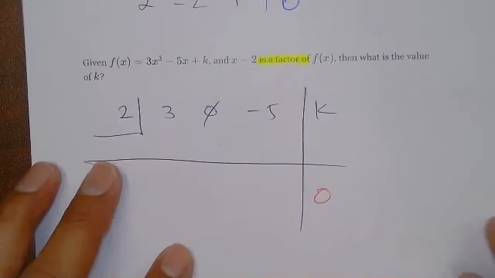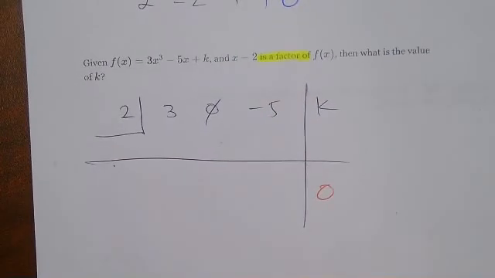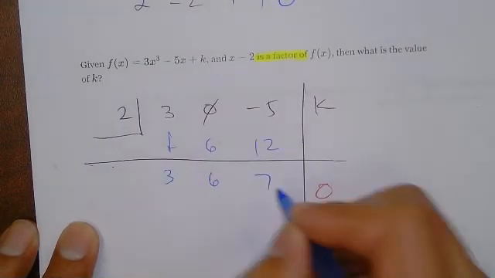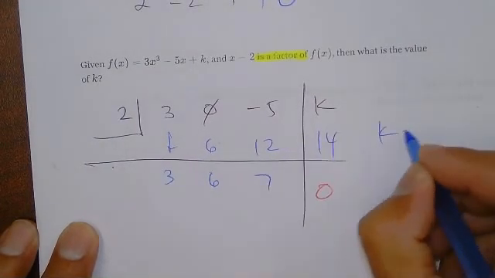Okay, I'm going to do it quick. 2, 3, 0, negative 5k. And 0 is the remainder because it's a factor.